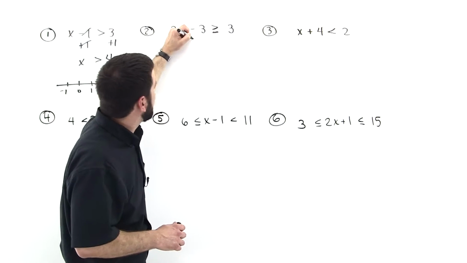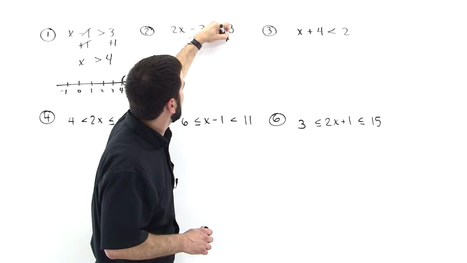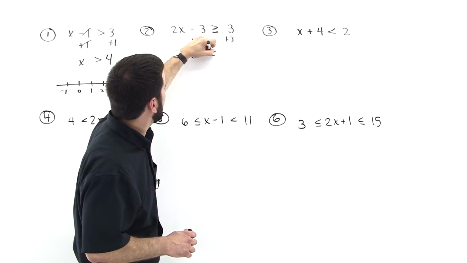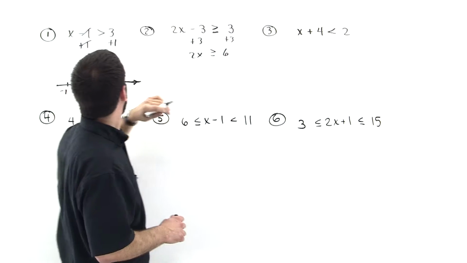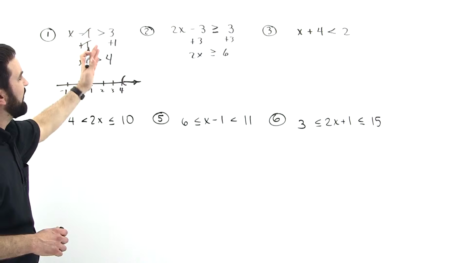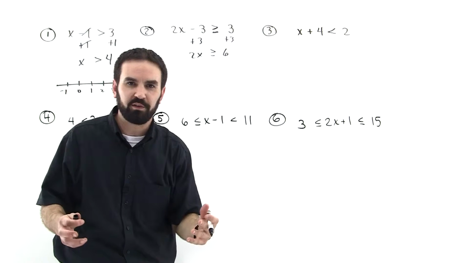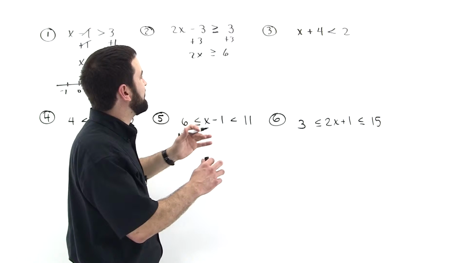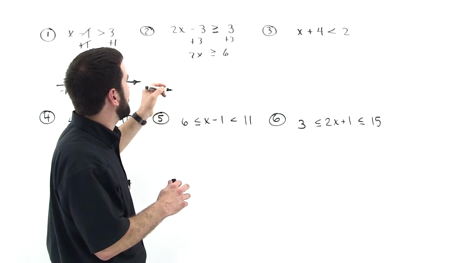For this next one, we'll add 3 to both sides, and we get 2x is greater than or equal to 6. Notice I try to keep the inequality signs right on top of one another, just to keep things clean and neat notationally.